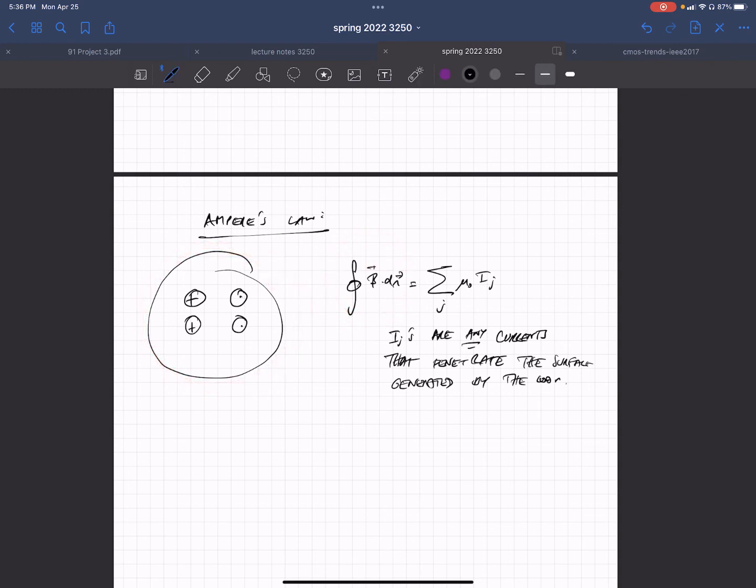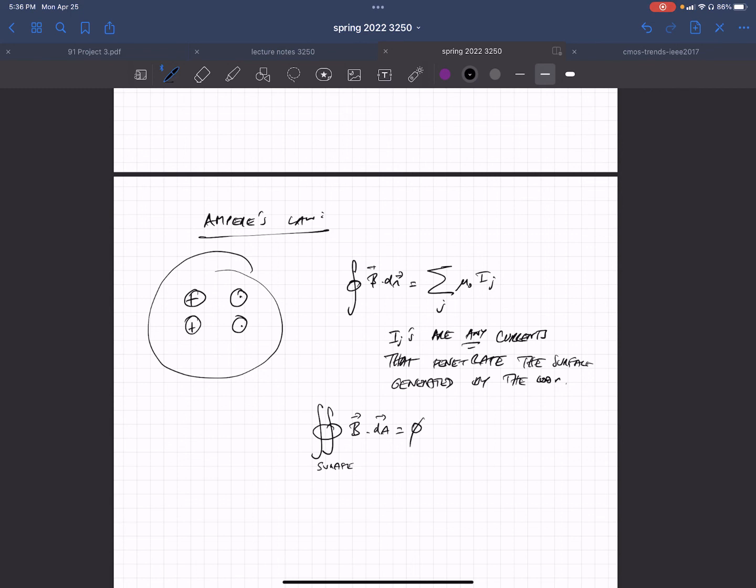Then, if you think about the double integral of the magnetic field over any closed surface, remember this sign means a surface integral, and the circle means a closed surface, that B dot dA is equal to 0.